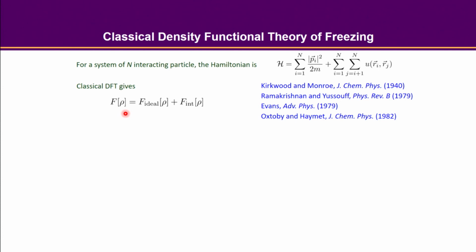One is the ideal term, which means if there's no interaction in the system, it's like an ideal gas. So if there's no interaction, you should only recover the ideal part. But the interesting thing is that materials science is so interesting because there are interactions between particles, between atoms. Because of this interaction, you are expecting an extra term. That's basically the free energy contributed from the interaction, right? So just intuitively, you should have at least those two contributions.